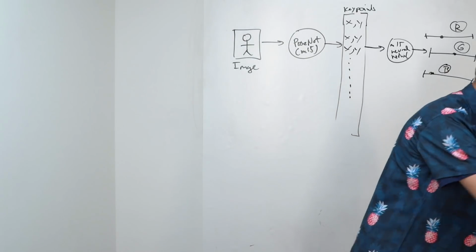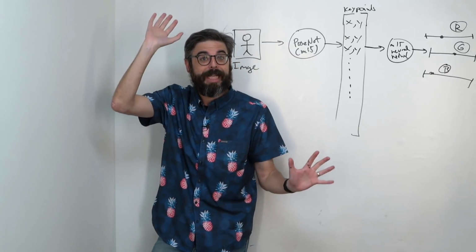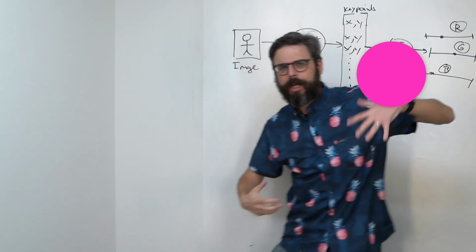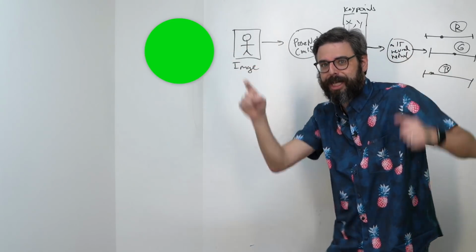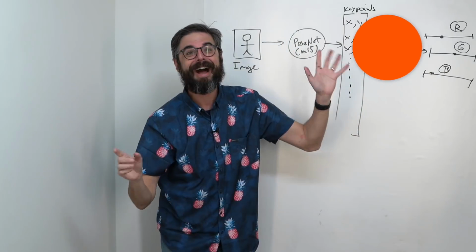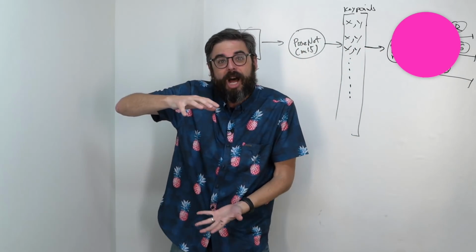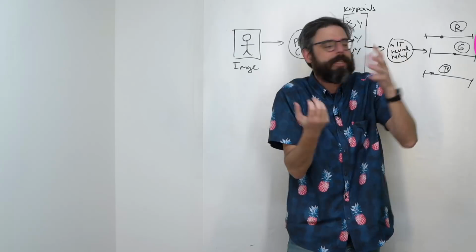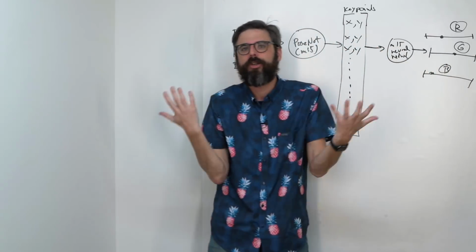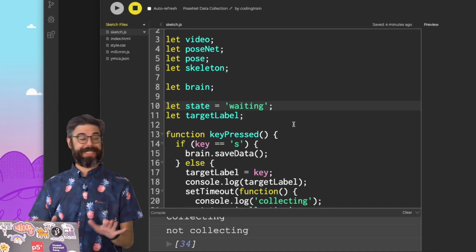So the training can be: this pose is this particular color, this pose is this particular color, and then this pose is this other particular color. And then as I move, it will interpolate between those colors by trying to guess the value according to the regression.